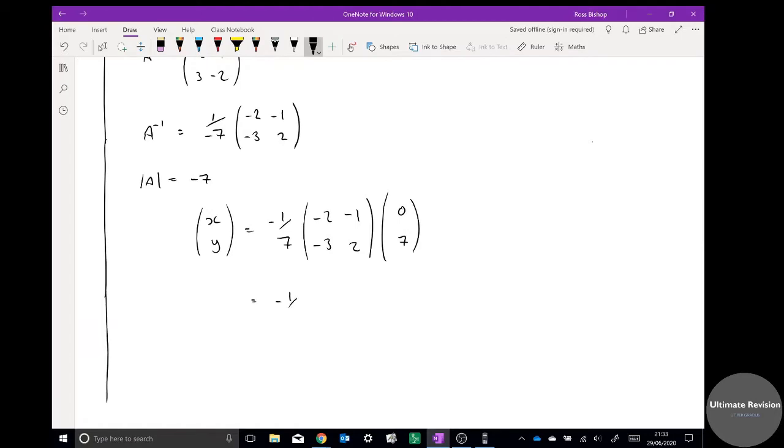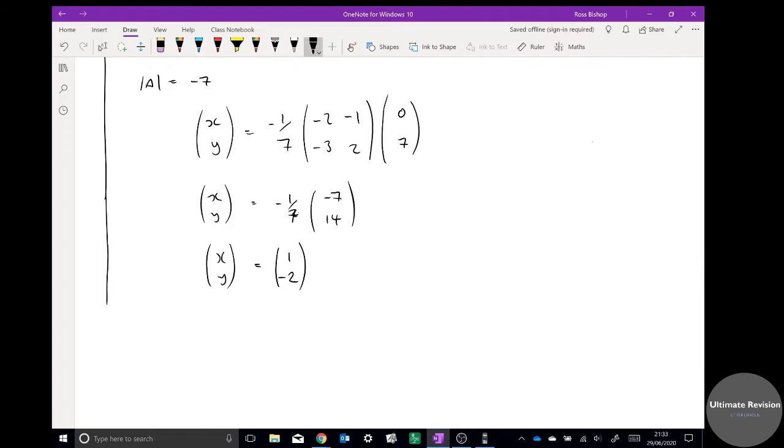So if I work this out, minus a 7th times, that's minus 7 on the top, and then on the bottom 14, which quite nicely equals 1, minus 2, and then I can compare the elements. Therefore x must equal 1, y must equal minus 2, which was what I had at the very start. So it's quite a nice way of solving this.